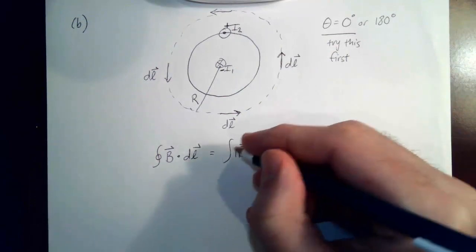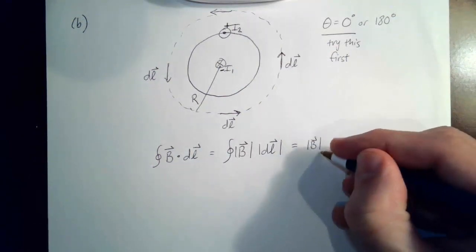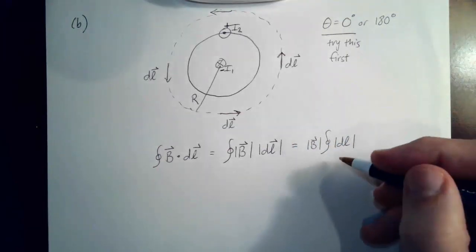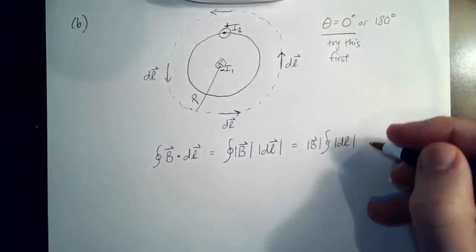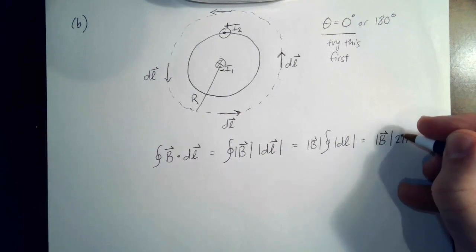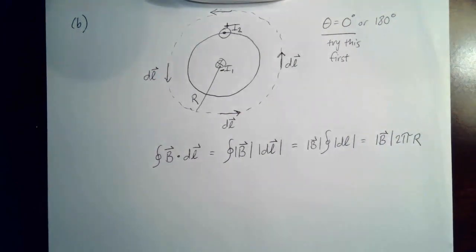So B is constant around this loop, so I can pull it out. And then I have the integral of dl around the loop, so that's just the circumference of the loop. So that's the left-hand side of Ampere's law.